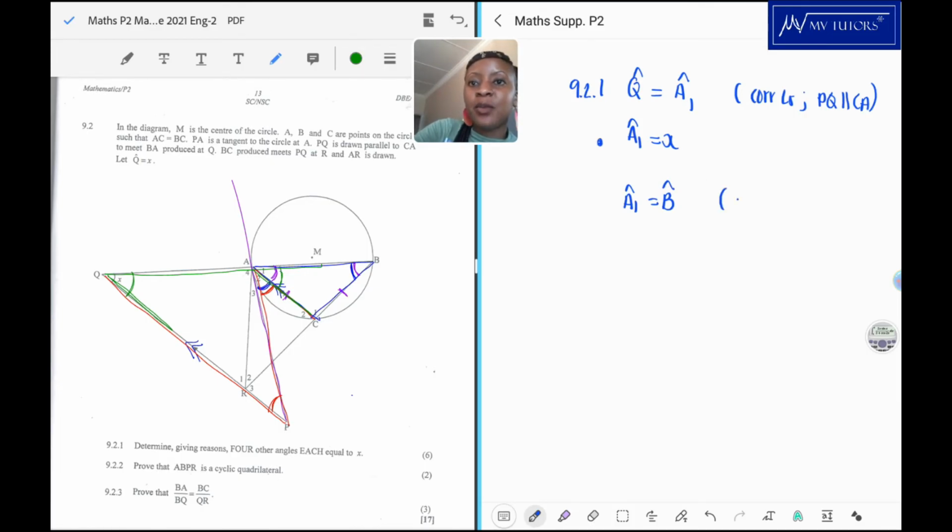So we have an isosceles triangle, and that triangle is actually ABC. So therefore angle A is equal to angle B because AC was equal to CB.